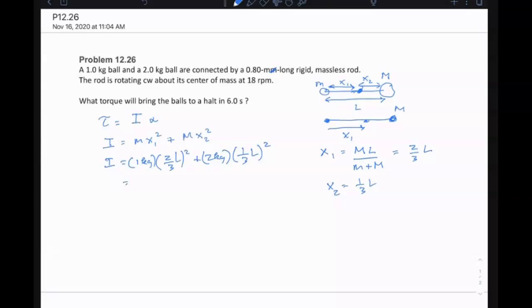So then this is equal to 4/9 L squared plus 2/9 L squared. That's 6/9 or 2/3 L squared.